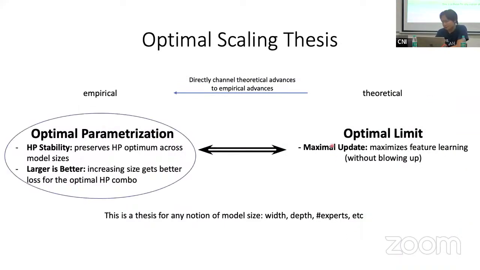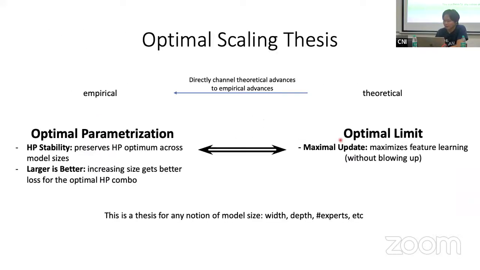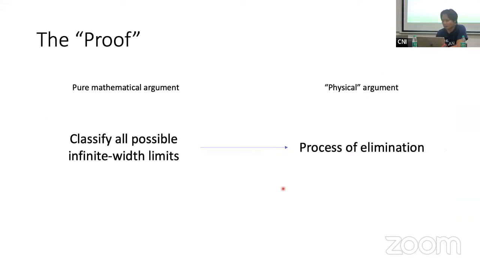Now let's go to the right and talk about what is meant by optimal limit. You can understand this thesis essentially by a two-part argument. The first part is a pure mathematical argument. This will classify all possible infinite width limits. I'll show you pictures essentially, and this will contain things that a lot of people know, like the neural tangent kernel and the feature learning models, but also new things that people didn't discover.